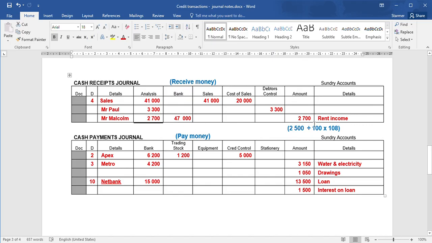To get this amount here, as I told you, you can work out 8% of 2,500 and then add it on, or you can just do this. The 2,500 represents 100, and you want the next one to be 100 plus 8, which is 108. So divide by what you're given, which is 100, and times by what you want, which is 108. That's a shortcut method.